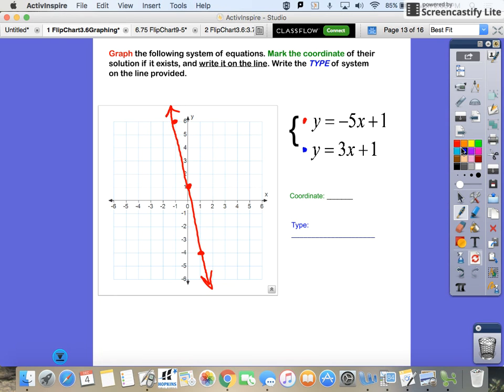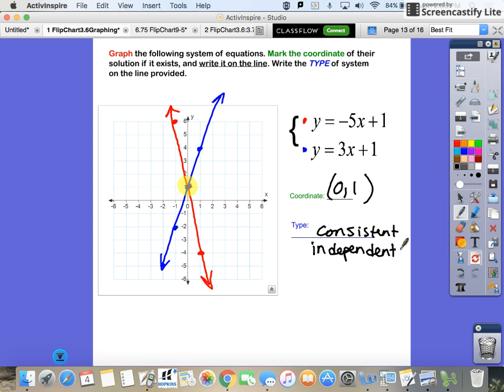Now in blue, we've got an intercept of 1, slope of 3, so rise 3, run 1, or drop 3, back 1. This is our one solution. The coordinate is (0, 1). And these are consistent independent. They are not exactly the same, so they're independent.